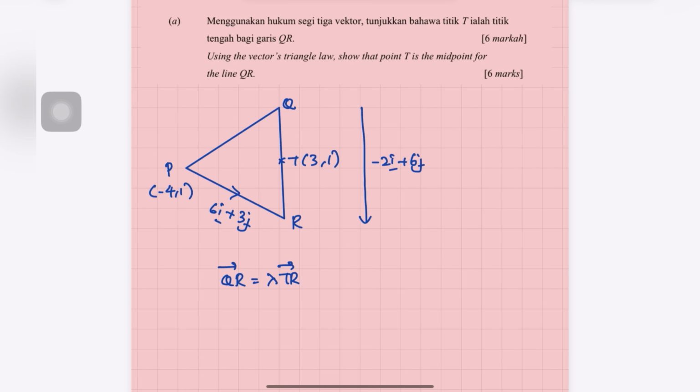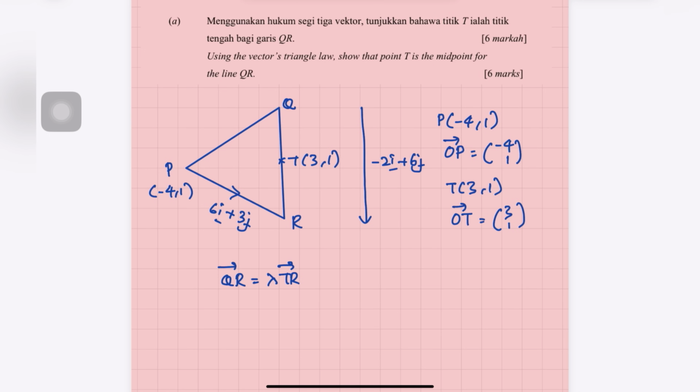Okay, so nanti kita nak buktikan lambda ni berapa. Okay, so now given point P -4, 1, so vector OP -4, 1, right? Okay, so coordinate T 3, 1, so vector OT equals to 3, 1.